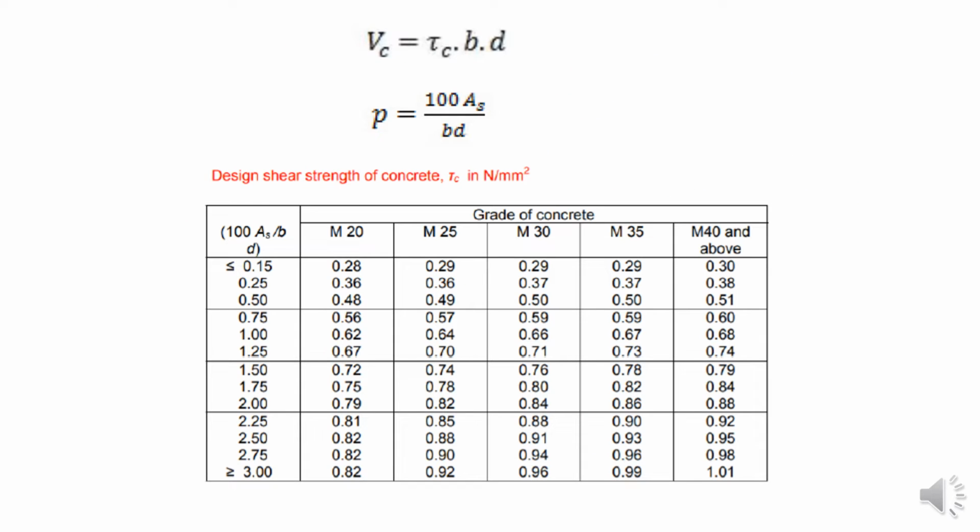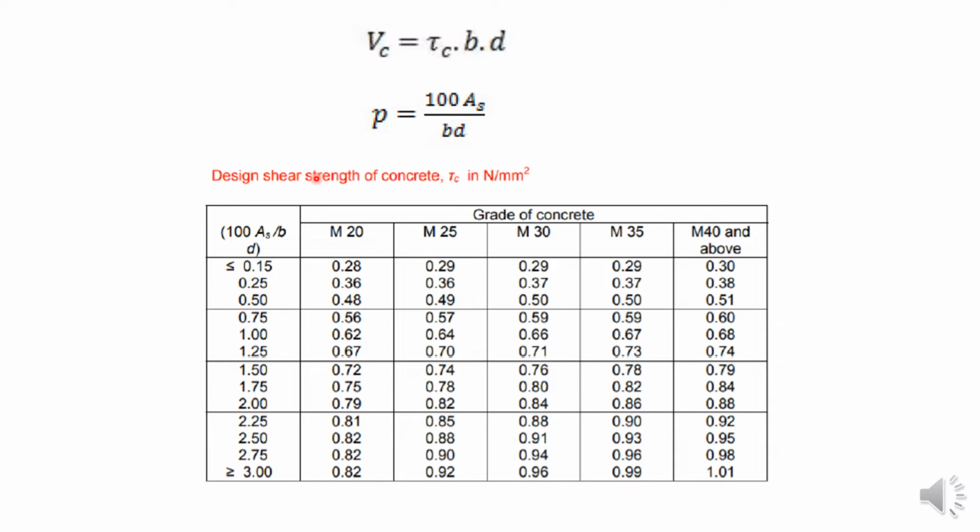The design strength we calculate using this relation: Vc is equal to tau c into b into d, where tau c is the design shear strength in Newton per mm square. This value we get from Table 19 of IS 456 2000, page number 73.